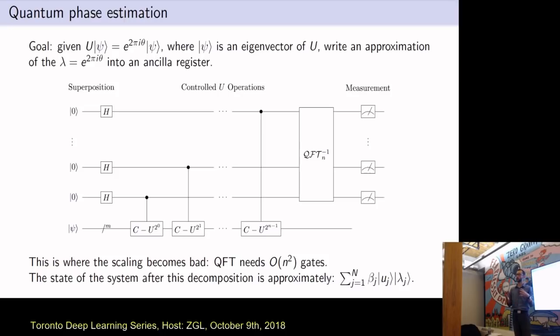If you want to break a 1024-bit RSA key, you need at least that many qubits. 1,000 qubits would be awesome to have. We have like 16. But suppose we have 1,024 qubits, you would need at least quadratically many gates to run the quantum Fourier transformation, which would give you 1,000,000 gates. That's where things go really haywire with this algorithm. It's this black box here.